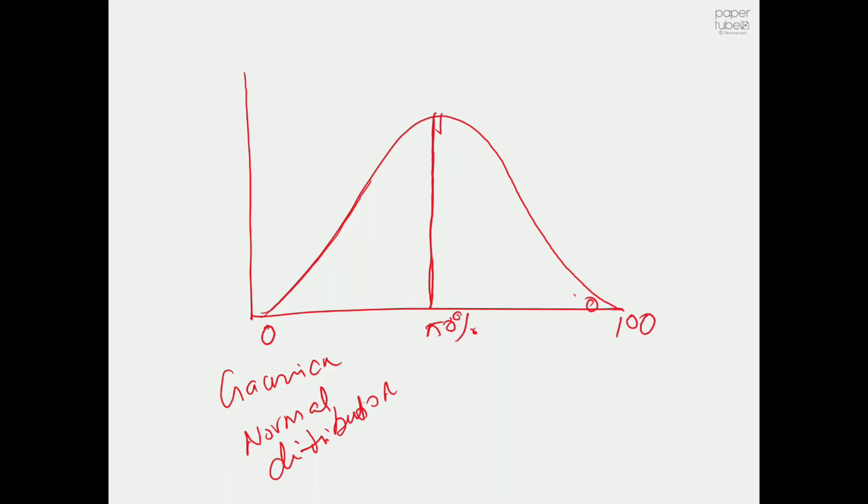Some students will get near 100 percent, some students will get near 0 to 5 percent, and the whole class average will be roughly centered around the mean value, which is 50 percent.